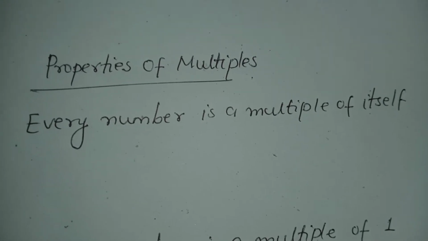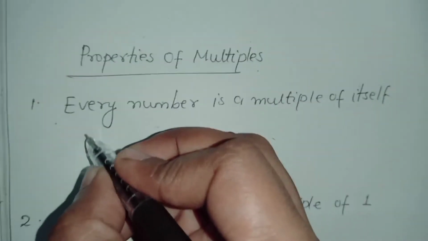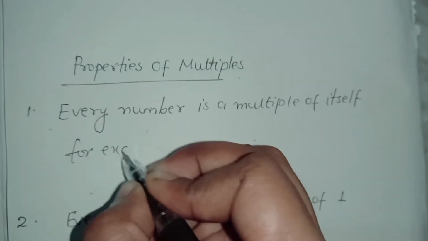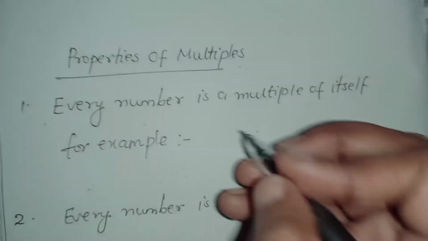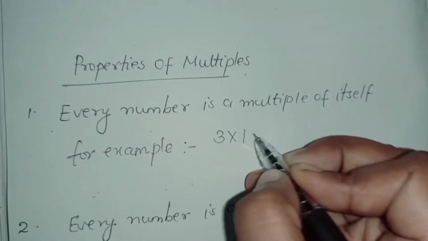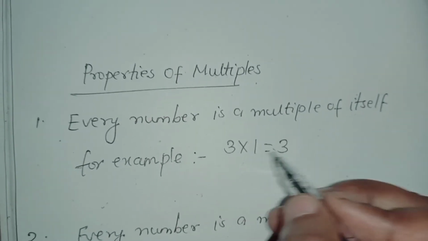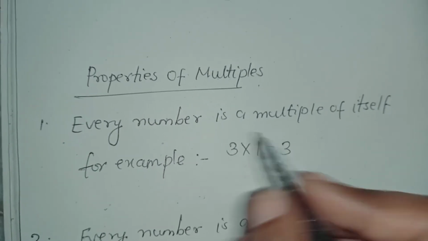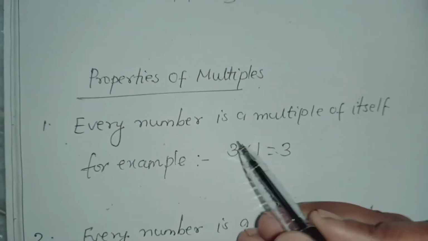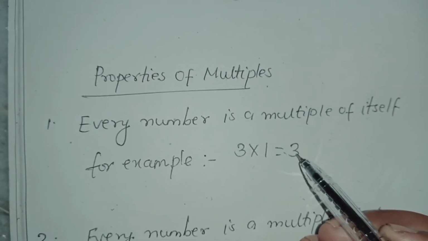This means you see here 3 1 ja 3. You can see that when the number is multiplied by 1, what do we get? The same number. So every number is a multiple of itself.